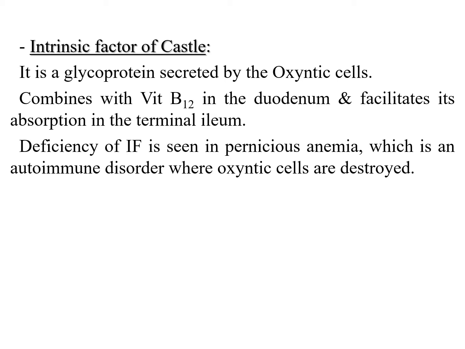That is because the parietal cells of these patients were already destroyed due to autoimmune disorders. There were autoantibodies against the membrane of the parietal cell in these patients. So the parietal cells got destroyed.